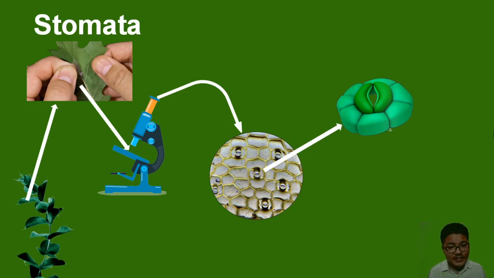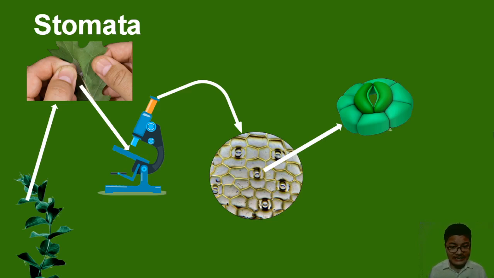Now this tiny apparatus, with an opening at the center surrounded by kidney-shaped or red bean-shaped guard cells, around which we have epidermal cells, is known as stomata. For a single opening we call it stoma, and many of those openings are known as stomata.